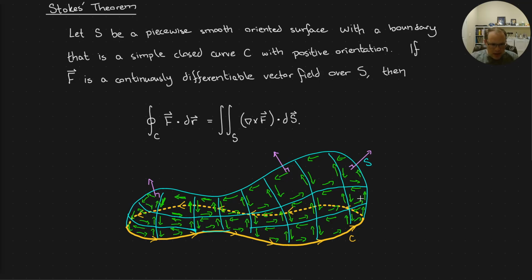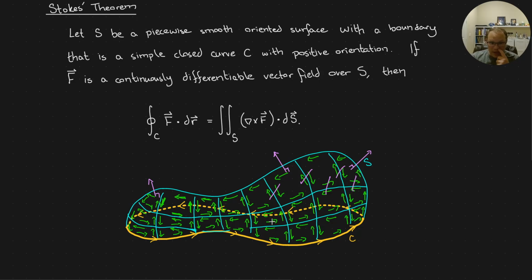For example, these two right here: we're measuring the circulation on this edge in this direction, but because we're integrating, we're also going to add it in the other direction. If we're measuring the circulation in this direction, it'll be one sign. It's the same thing here, but the opposite sign because we're measuring it in the opposite direction, just like for Green's theorem. So they'll cancel out. Anytime we have adjacent cells, they'll cancel out.